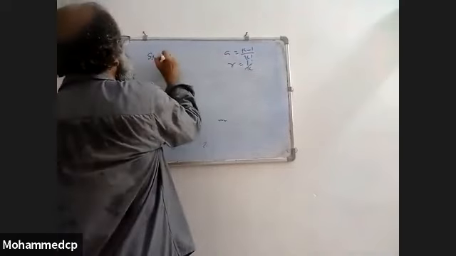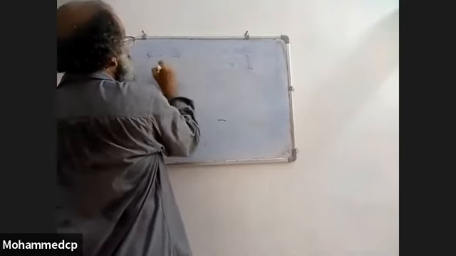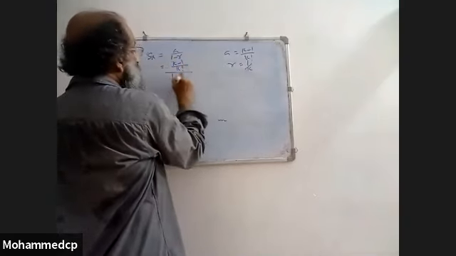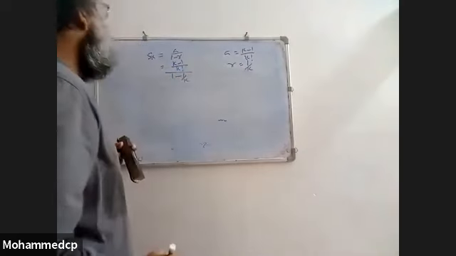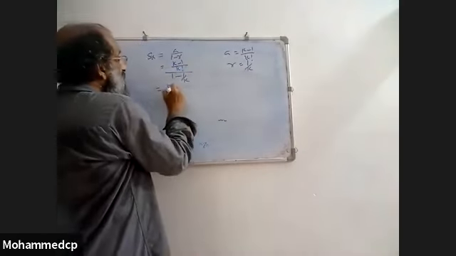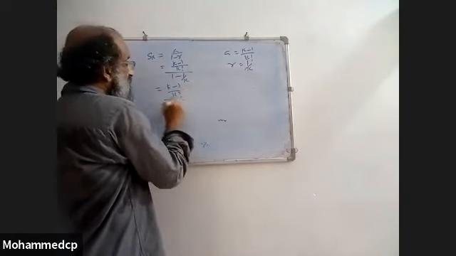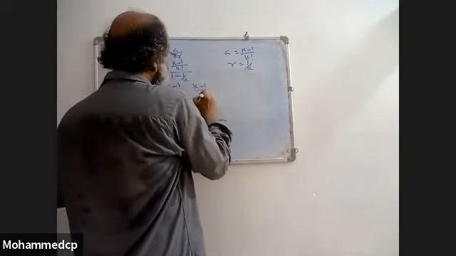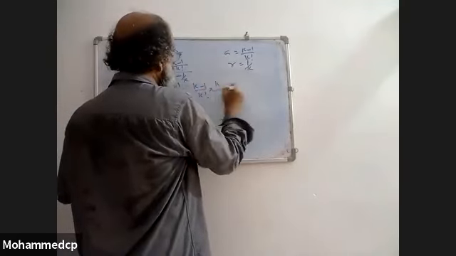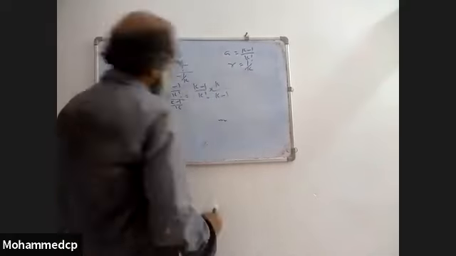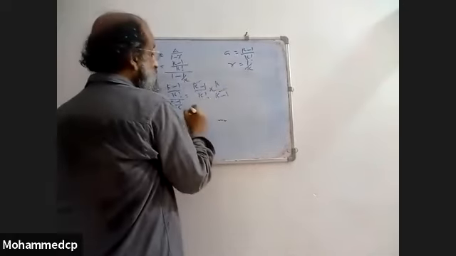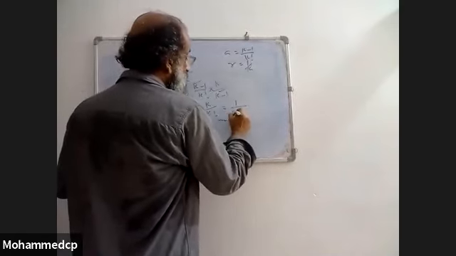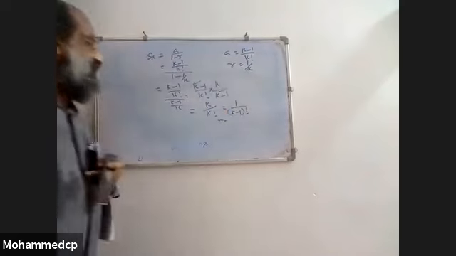Sk is A by 1 minus R, equal to (k minus 1 by k factorial) by (1 minus 1 by k), equal to (k minus 1 by k factorial) by (k minus 1 by k), equal to (k minus 1 by k factorial) into k by k minus 1. K minus 1 and k-minus-1 cancel. We get k by k factorial, equal to 1 by (k minus 1) factorial.